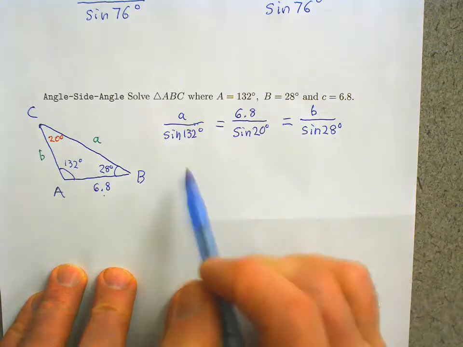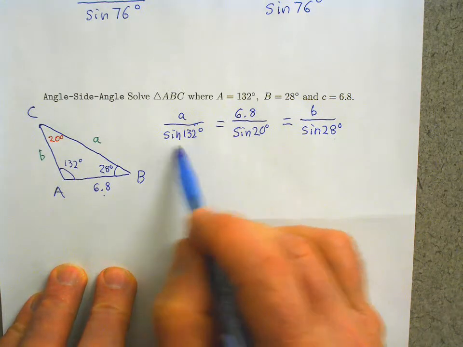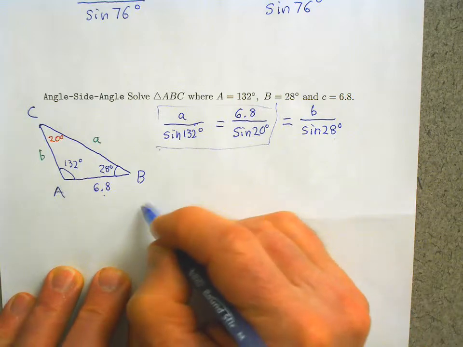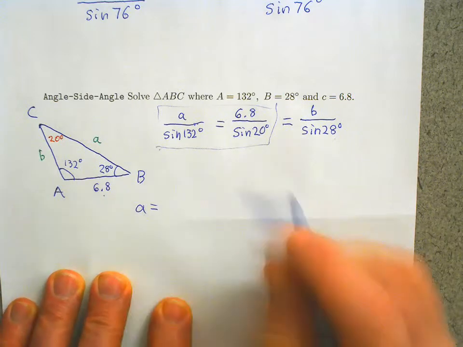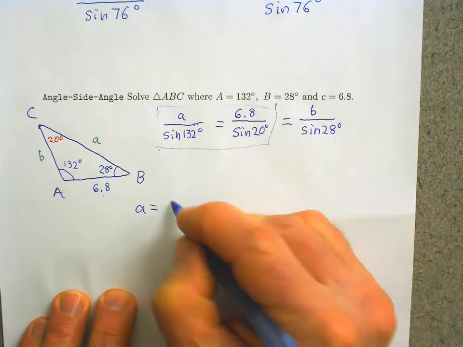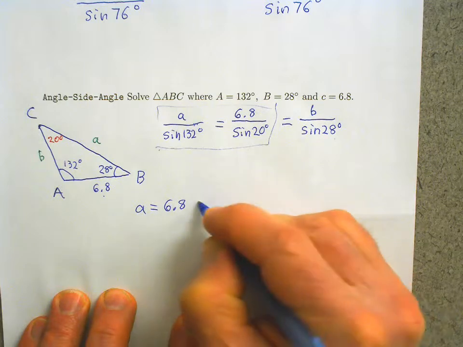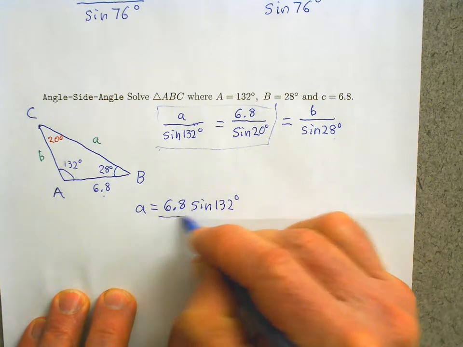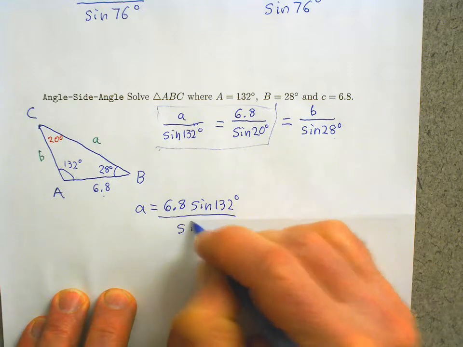Okay, so this is as simple as the previous example. If we solve the equation on the left, we get lowercase a is equal to 6.8 times the sine of 132 degrees divided by sine of 20 degrees.